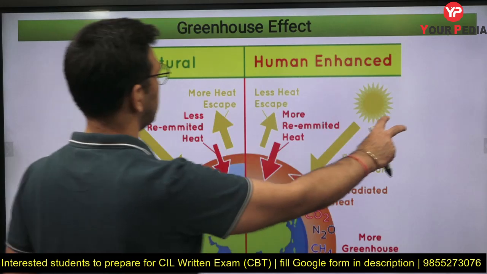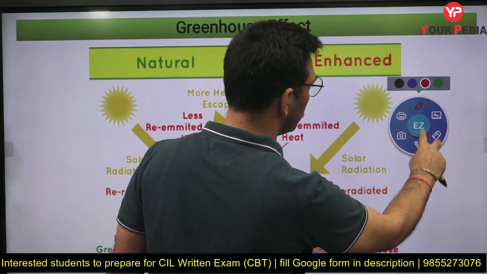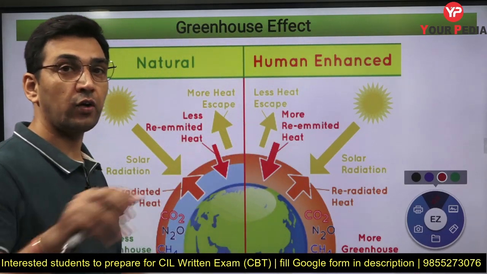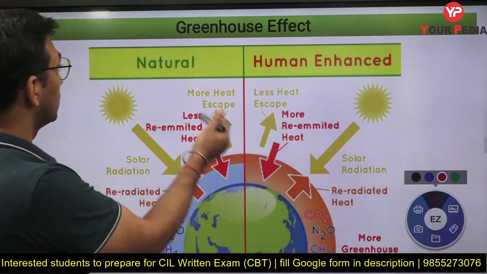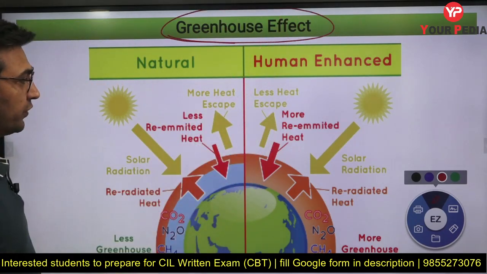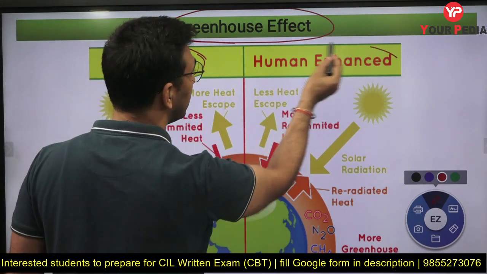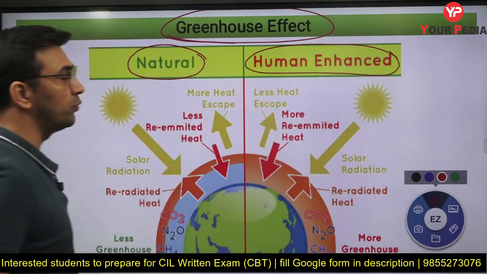It means these gases produce a natural greenhouse effect on the Earth's surface. But one is going to be natural, another is going to be human influenced or human enhanced.